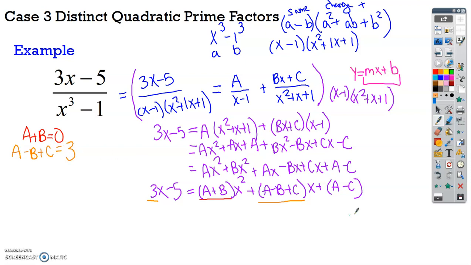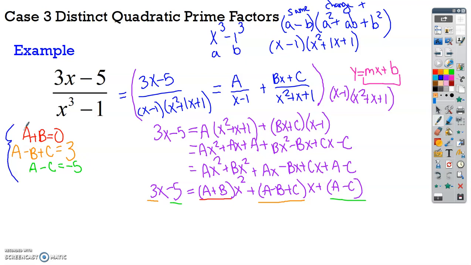And then my constant, a minus c, has to give me negative 5. I no longer like my color choice, but that's going to have to be okay. They look ugly together. It's okay. I can deal. Okay, so now this is my system. I have to solve the system to figure out my partial fractions.